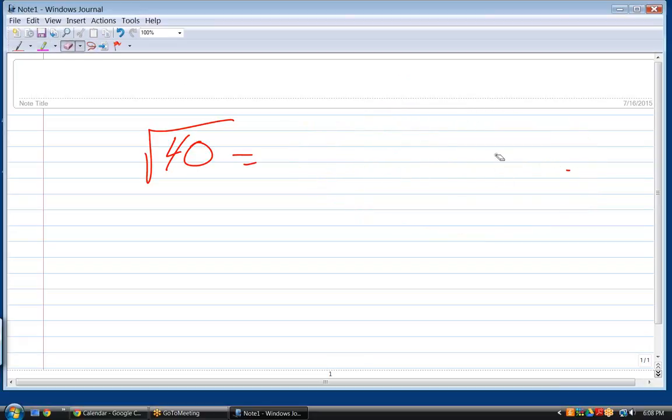But we're not trying to come up with a decimal answer. We're trying to come up with a radical answer. So what are factors of 40, one of which is a perfect square? I tell you what, before we go any further, tell me the perfect square numbers. There's 1.